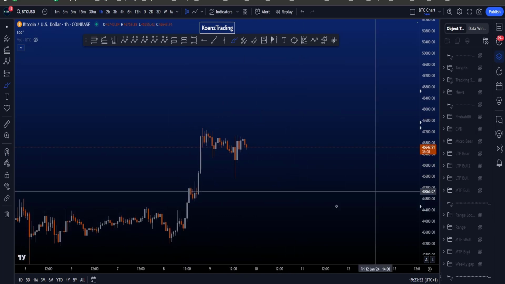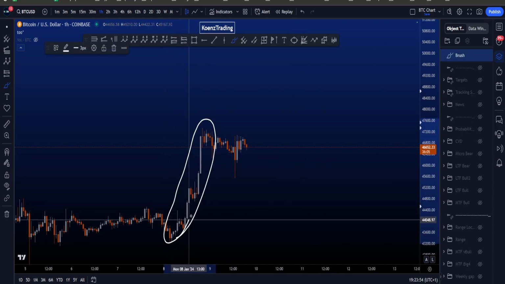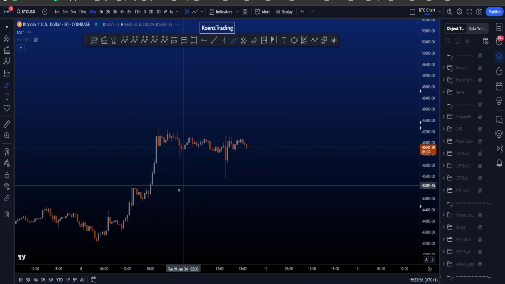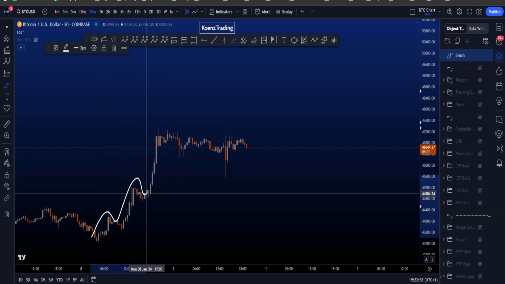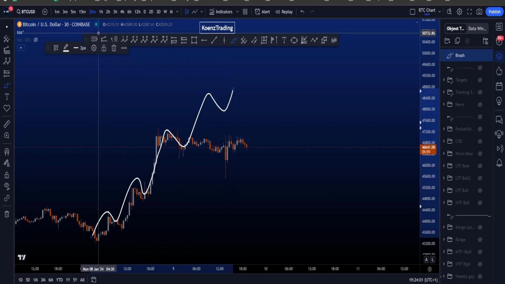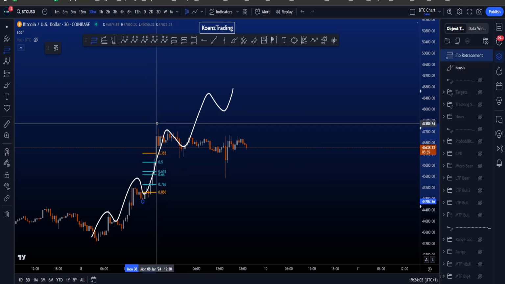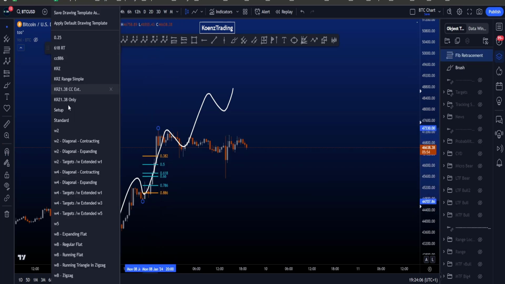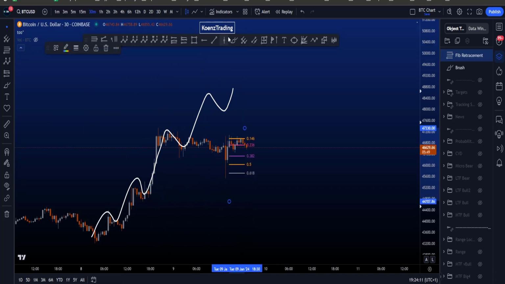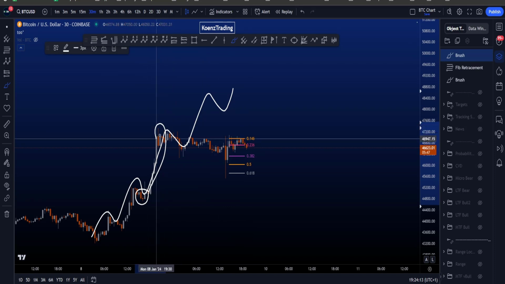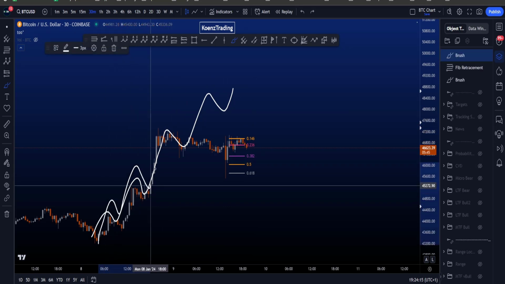Now, previously, when we were looking in the previous video this morning at this structure to the upside, we had the potential of a 1, 2, 1, 2, 3, 4, 5, 4, 5, as explained earlier. But what I didn't mention just now is that price hit the 0.618, which you take from the higher low over here, so from the second wave 2 to the high, because we are looking for a 1, 2, 1, 2, 3.